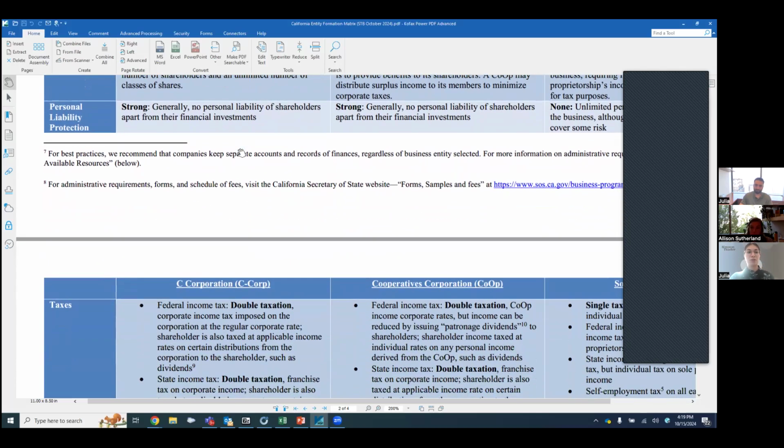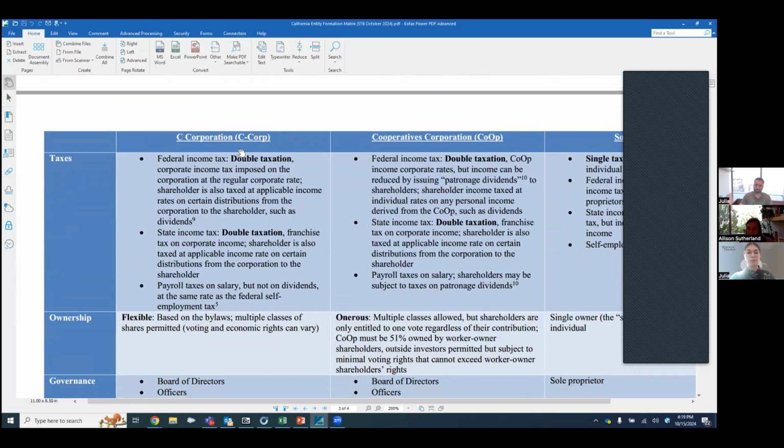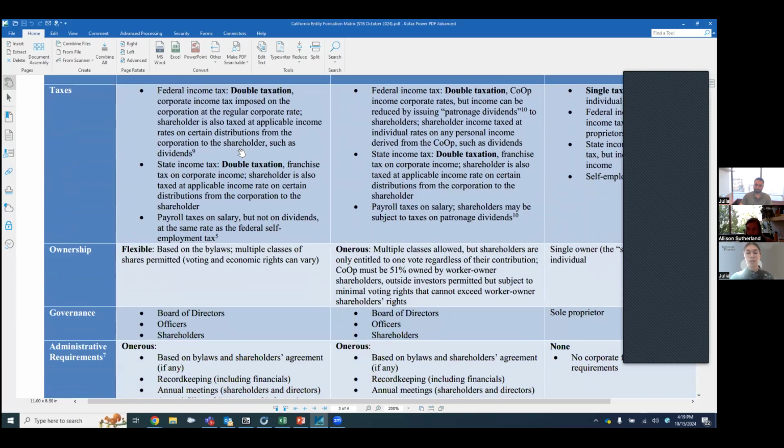Again, corporations offer strong personal liability protection. So basically, your only liability if you have a corporation would be the amount of money that you invest to start the corporation. You would not be liable from your personal assets.